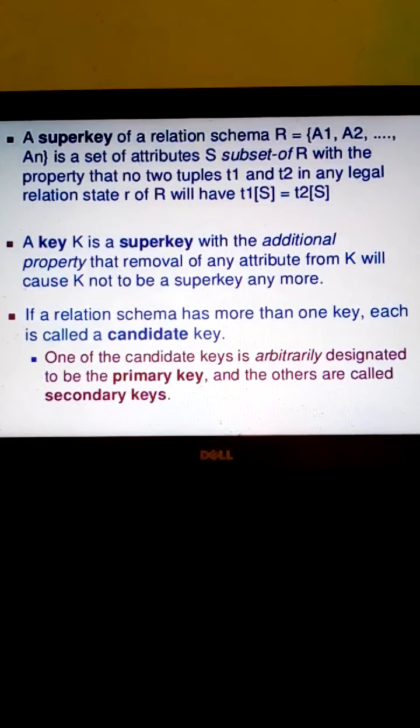So one of the candidate keys is arbitrarily designated to be the primary key and the others are called secondary keys. So any key capable of identifying every tuple of the relation can be treated as a key, and one of them can be the primary key and the others can be called candidate keys, or secondary keys.